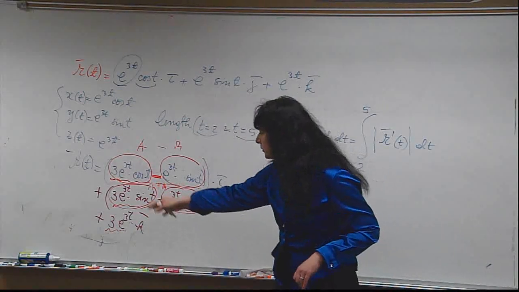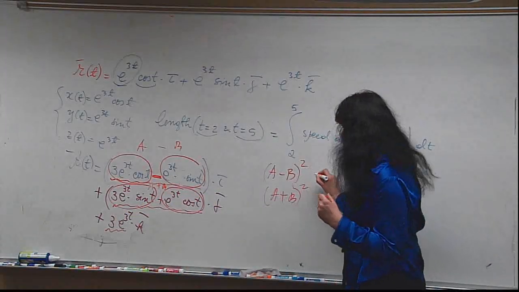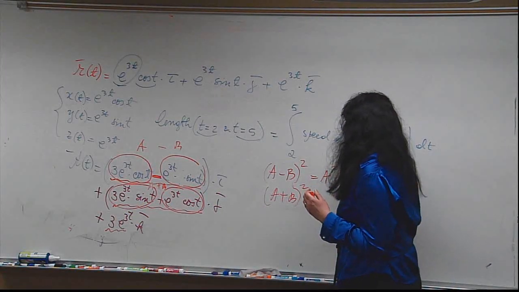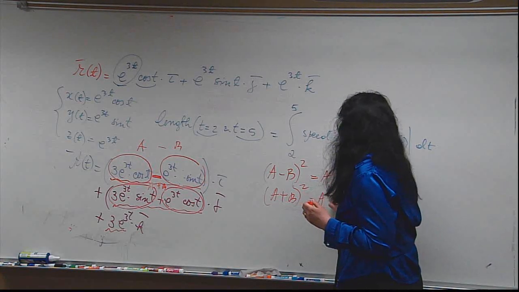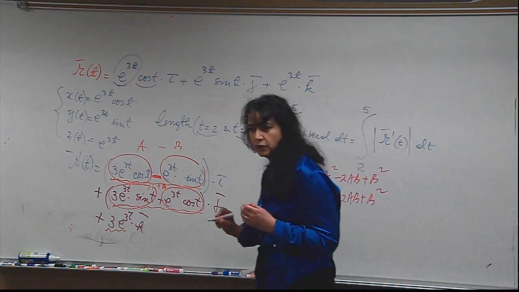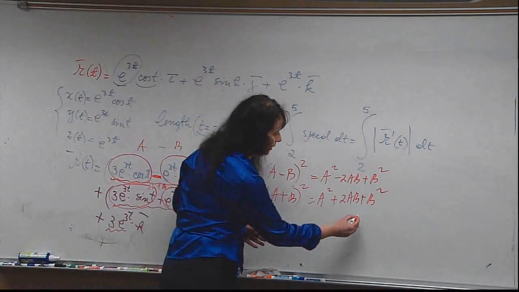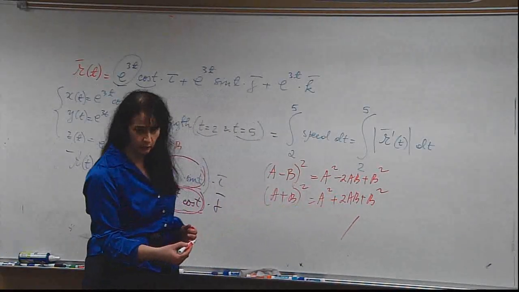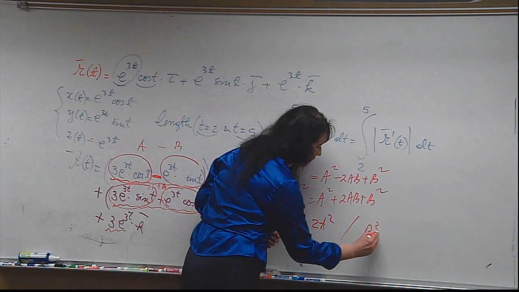giggly guy there, leave him there, he's having too much fun. You actually develop these guys, and you put them one under the other and say, wow, what a beautiful simplification. When I'm going to add these guys, this thing in the middle will cancel out, but the a squared will double and the b squared will double.